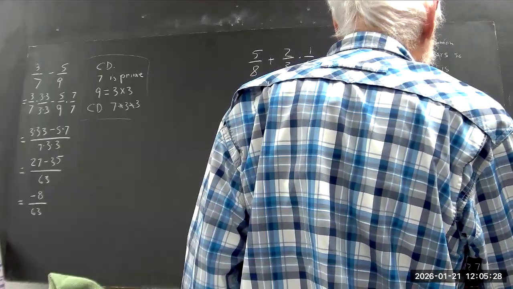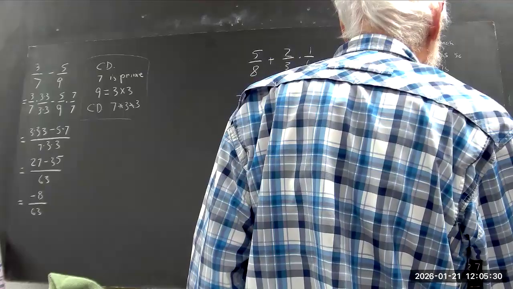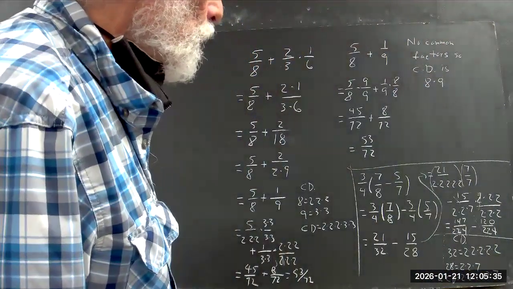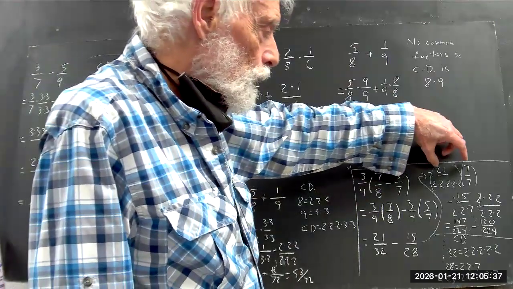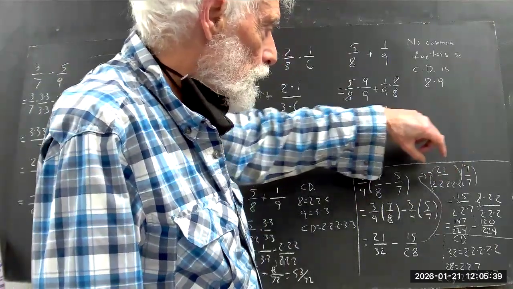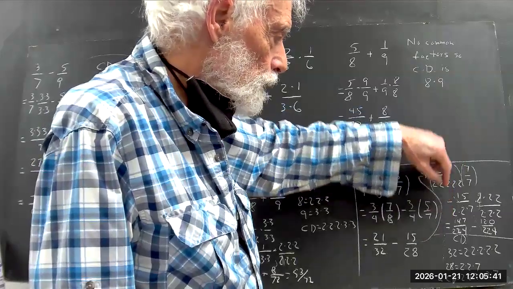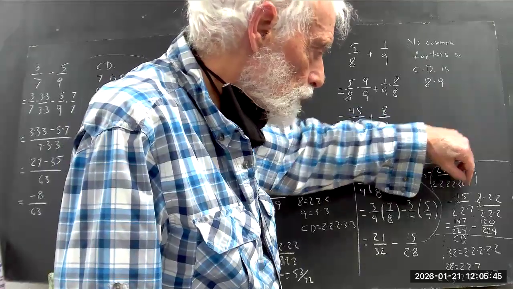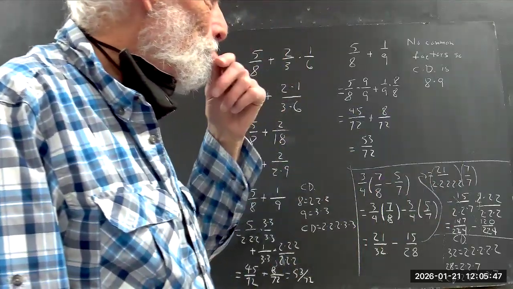Then it's minus 120 over 224. In other words, I multiply out the numerator and the denominator. 21 times 7 gives me 147. The denominator, 2 times 2 times 2 times 2 times 2 times 7 gives me 224.